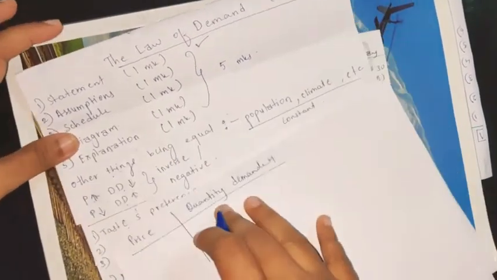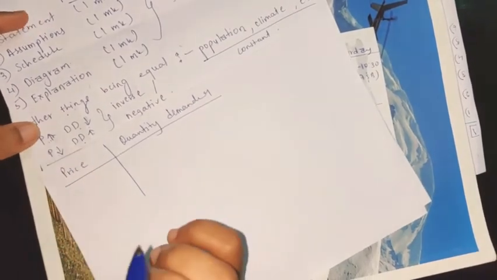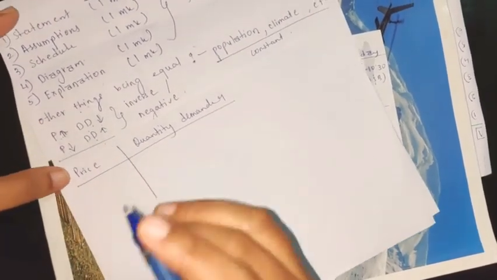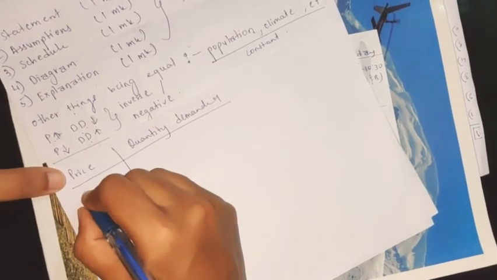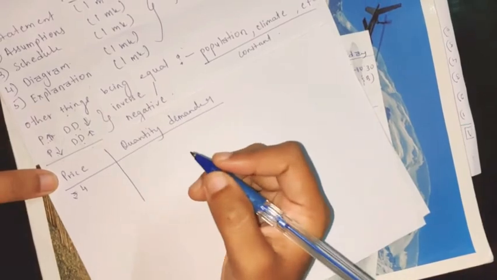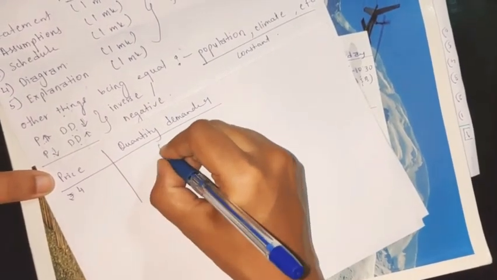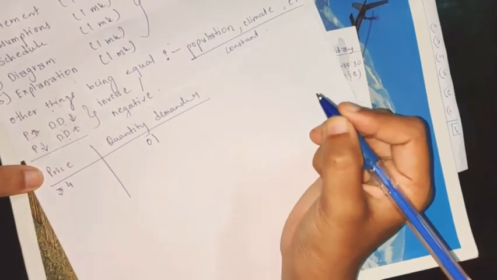Now over here we have to show inverse relationship, right? Price increases, demand decreases; price decreases, demand increases. Any one situation we have to show. Let us show that starting the price is 4. When price is 4, quantity demanded will be just 1 unit.